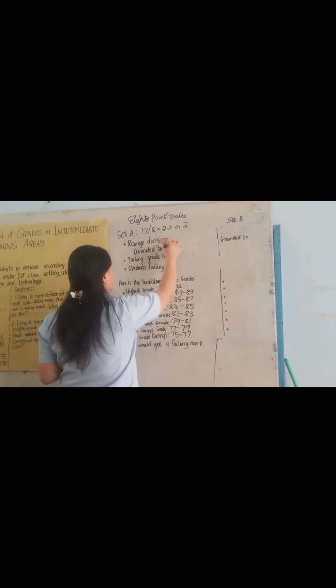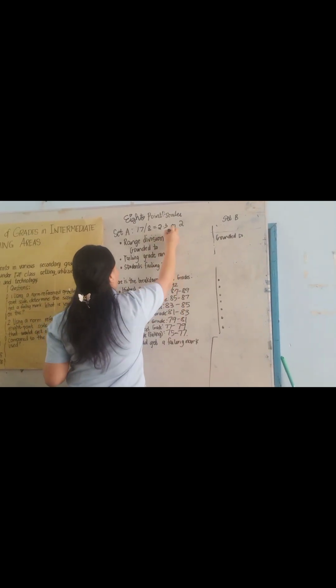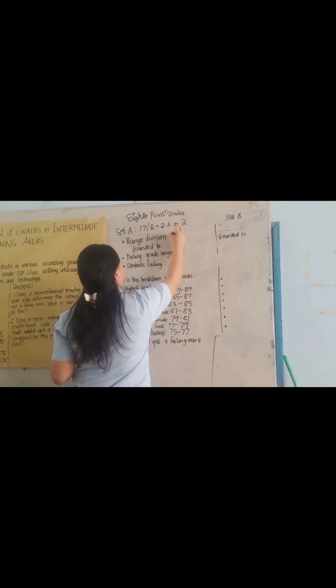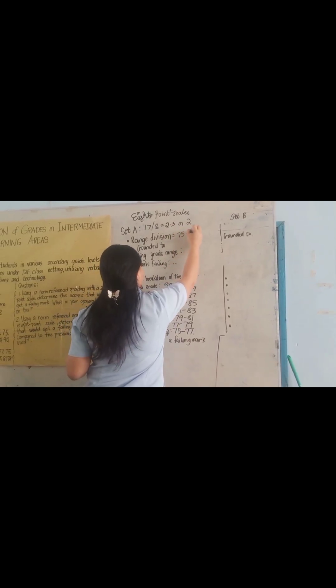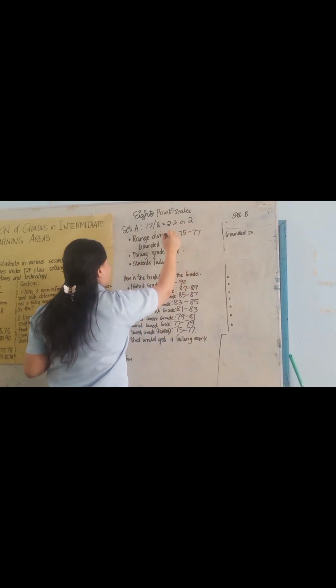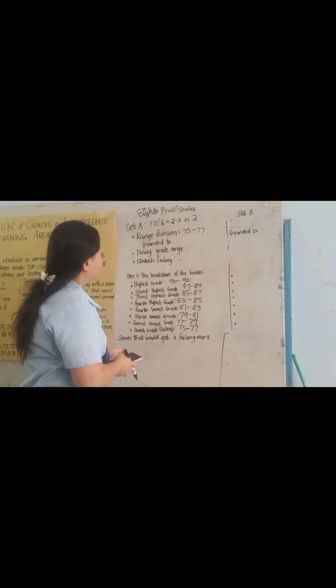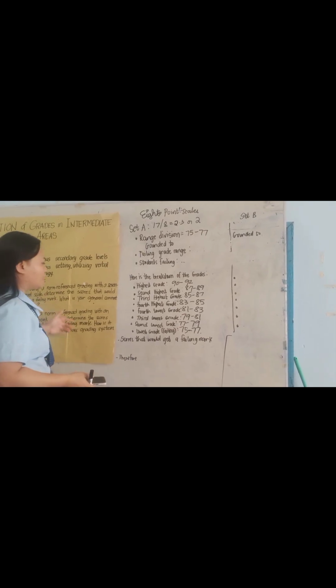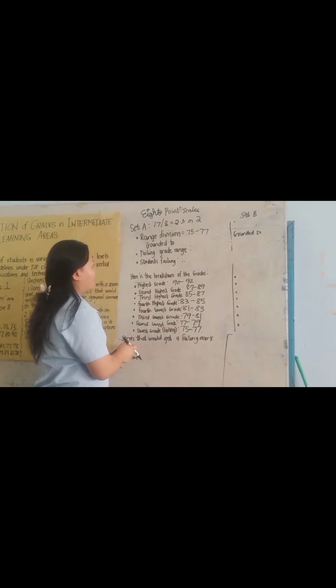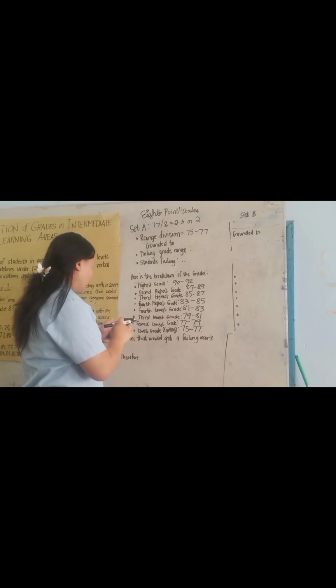The range division here will be 75 to 77. For set A, we're going to identify the failing grade range.